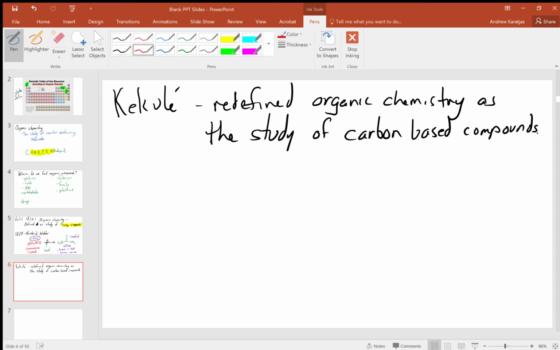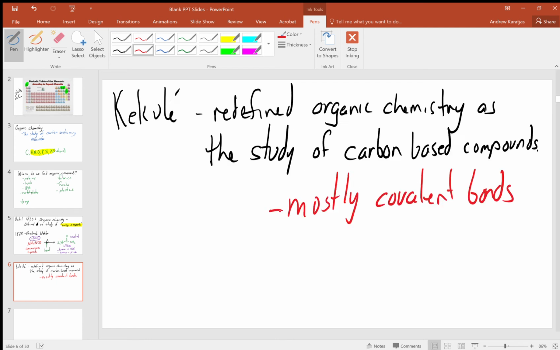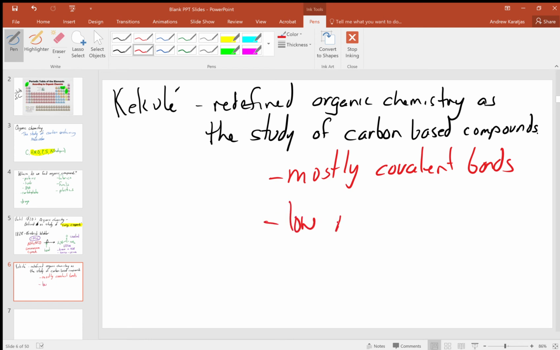Well, in general, carbon-based molecules have mostly covalent bonds. If you recall, in foundations, we saw a lot of ionic compounds. Most organic compounds have low melting points, and generally they're not soluble in water.